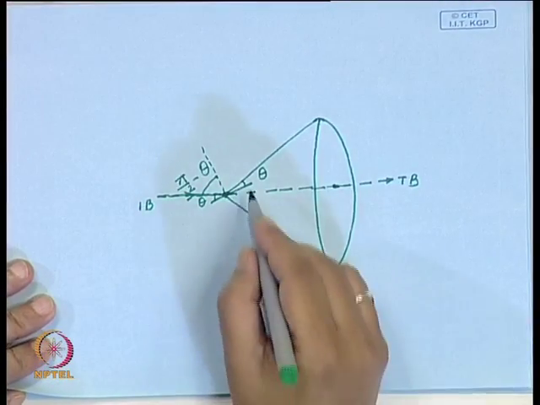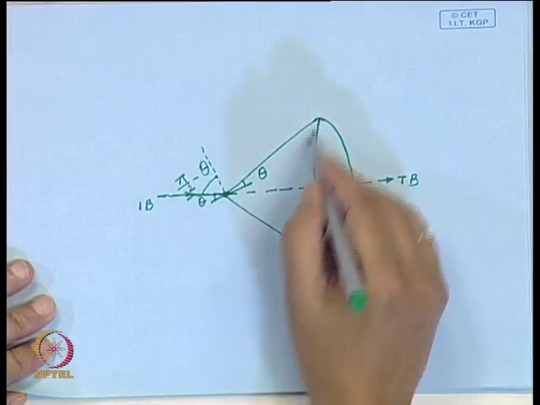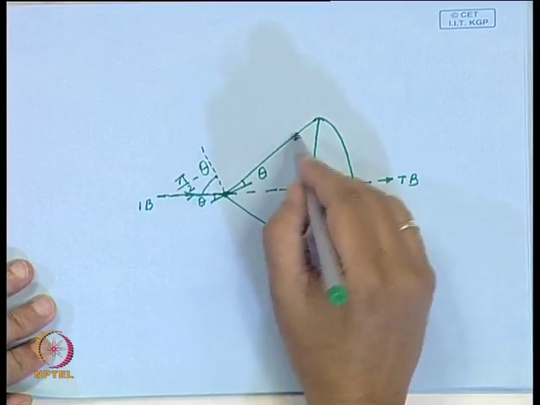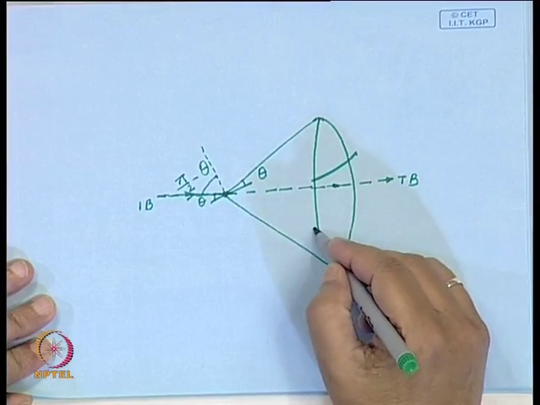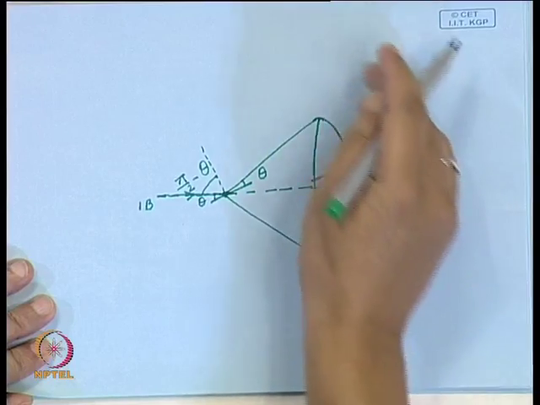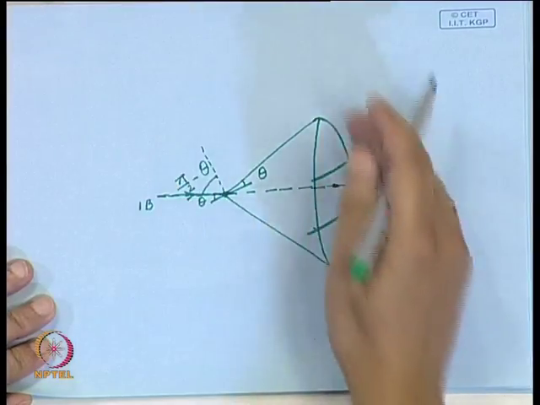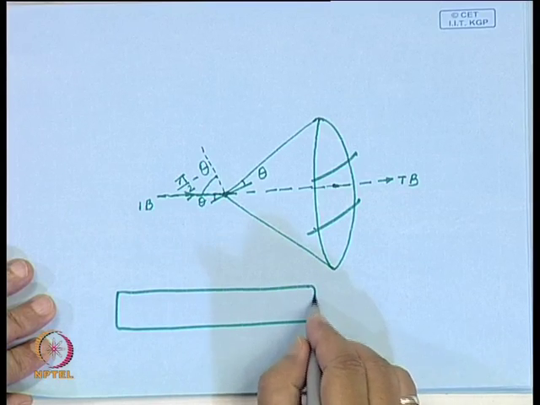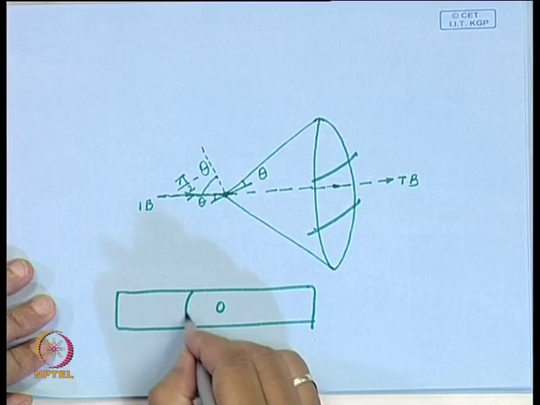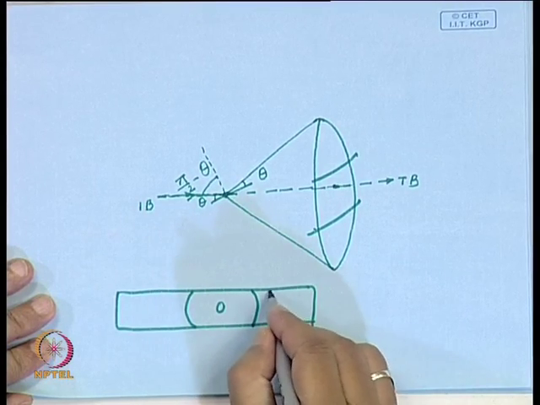In a powder diffraction pattern, the diffracted beam comes in the form of a cone, something like this. If it is possible to put a film surrounding it, you will get diffracted lines on the film like this, with this being the transmitted beam.